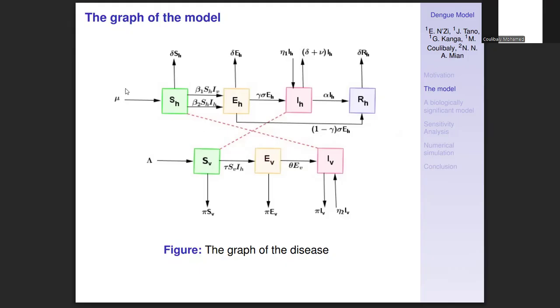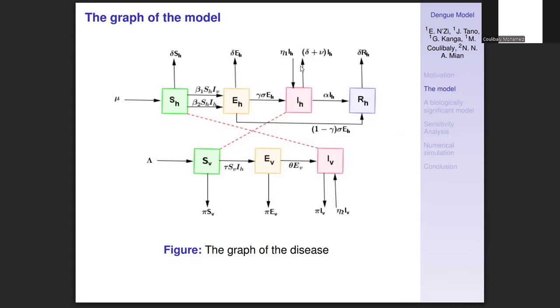Mu, this constant, represents the number of new susceptible humans per unit of time. And this one, the number of new susceptible vectors per unit of time.